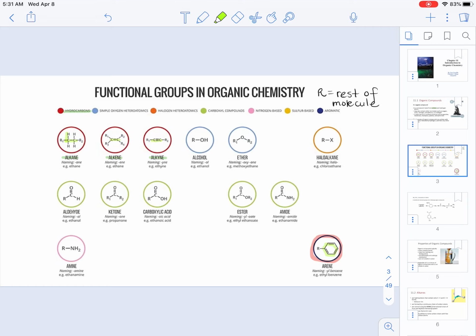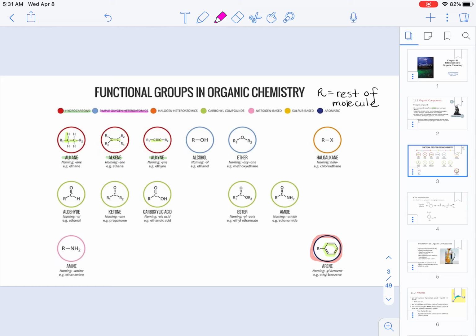The next one is the simple oxygen heteroatomics. What that means is that they're going to have oxygen. So in other words, to translate that, that is going to be oxygen-containing compounds.